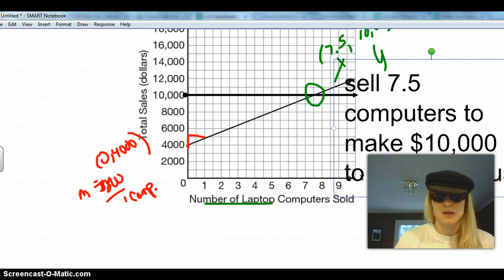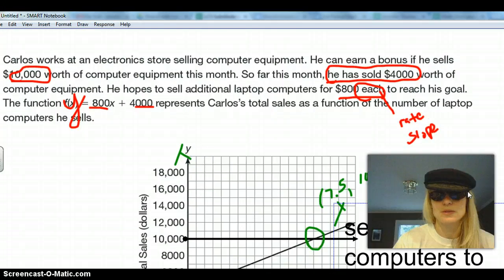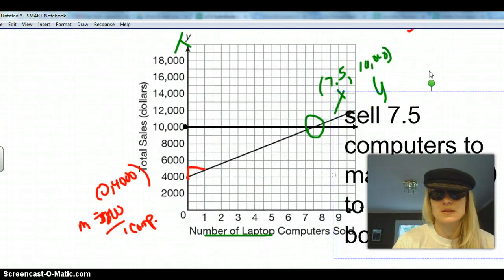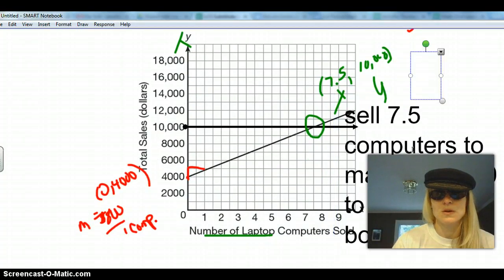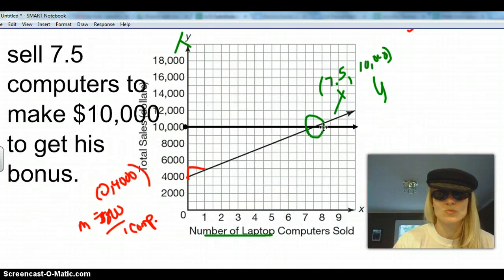Okay? So, read it, understand where the slope and the y-intercept are, and then the question asks you to find out a piece of information. So we want to know when our buddy here is going to be able to hit his bonus. Well, he's going to have to sell 7.5 computers to make $10,000, and then he'll get his bonus.